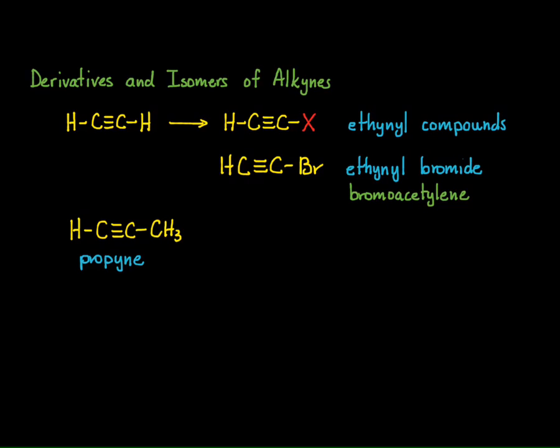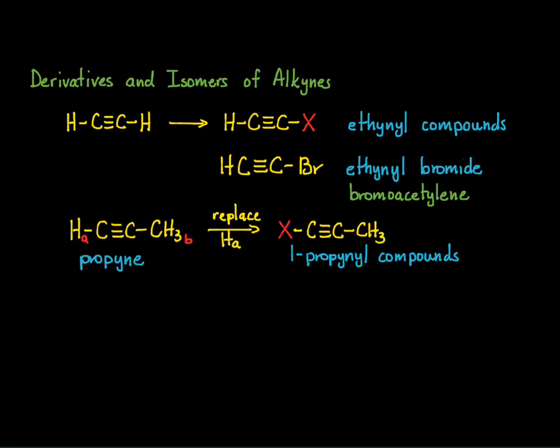And of course, with propyne, now I have two different types of hydrogens. I have hydrogen A and hydrogen B. If I replace hydrogen A with some substituent X, then I get what are called 1-propynyl compounds, because I'm naming the alkyne carbon number 1.